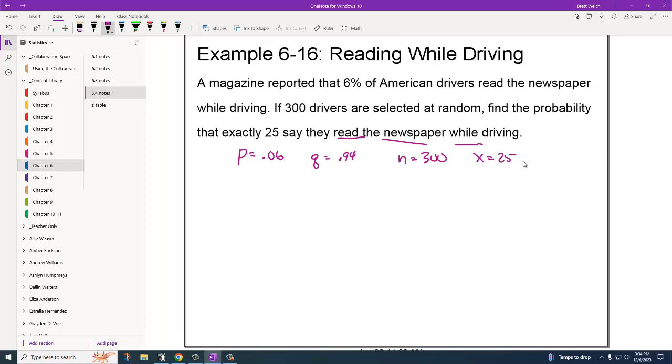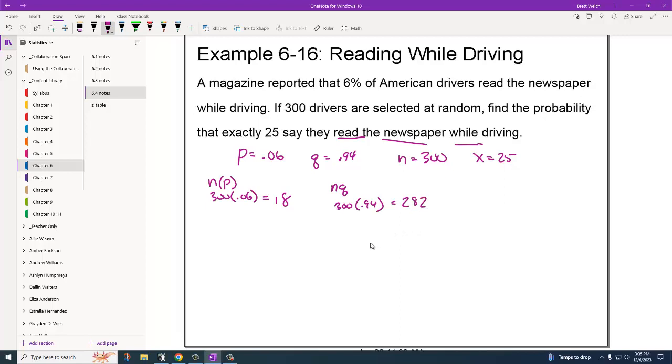All right, so we need to go through the process. The first step is to see whether or not this is a valid calculation. n times p would be 300 times 0.06, which is 18, and n times q would be 300 times 0.94, which if we put in the calculator is 282.